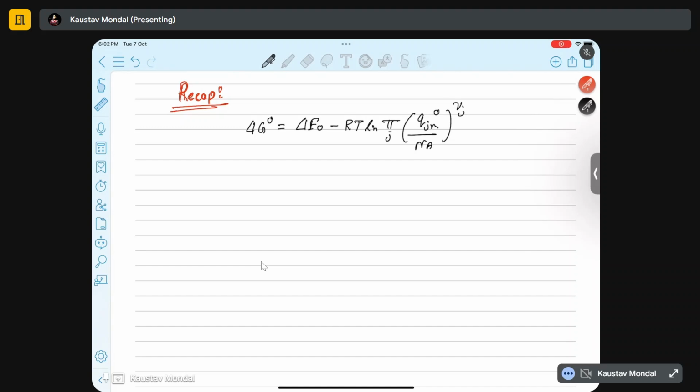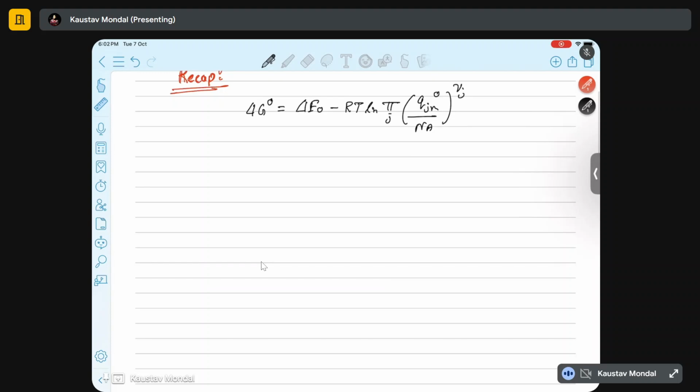This we derived in the previous class. This is the relation of how the change in Gibbs free energy is related to the partition function. And from the statistical point of view, we also derived the equation delta G0 equal to RT ln K, so the change in Gibbs free energy is related to the equilibrium constant.